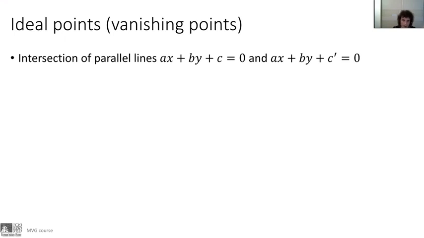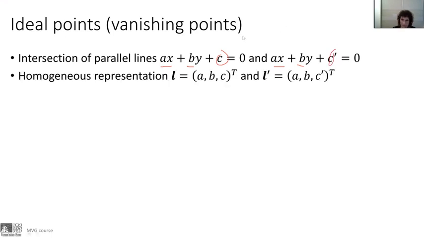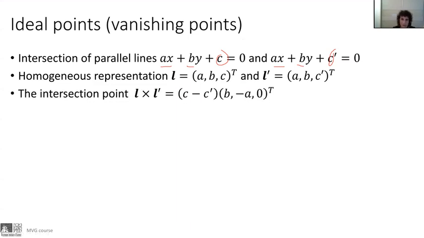Okay, let's continue. So if I have parallel lines that have the same A and the same B, like here, and different intercepts C and C prime, then it's very easy to show, using the homogeneous representation of these lines, that the cross product between them is exactly B, minus A, 0 times some constant.